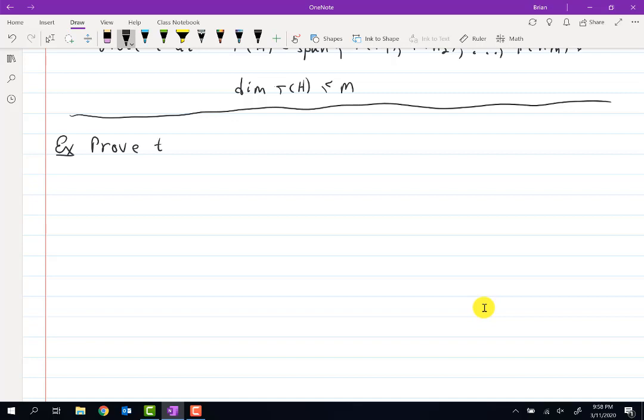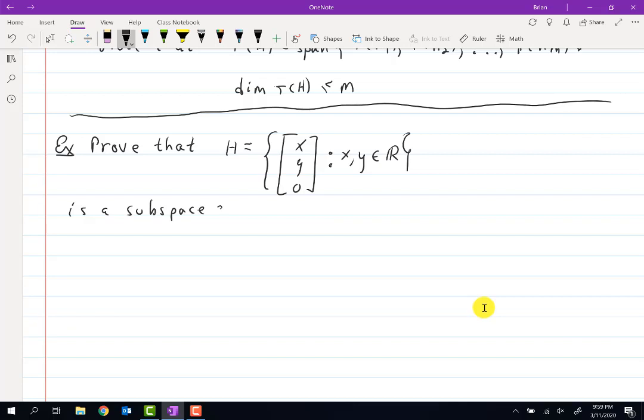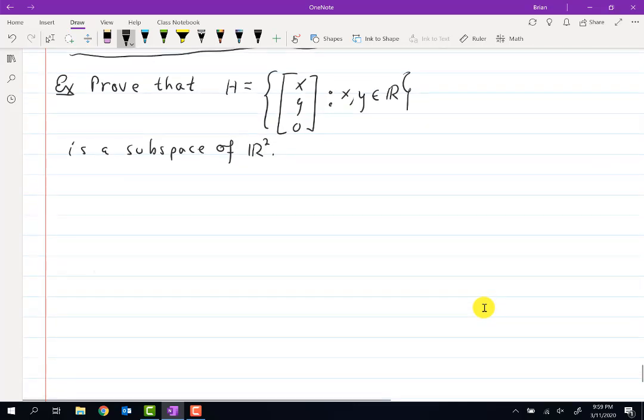Prove that H equals the set of all x, y, 0 such that x and y are in R is a subspace of R2. Well, this shouldn't be too bad.